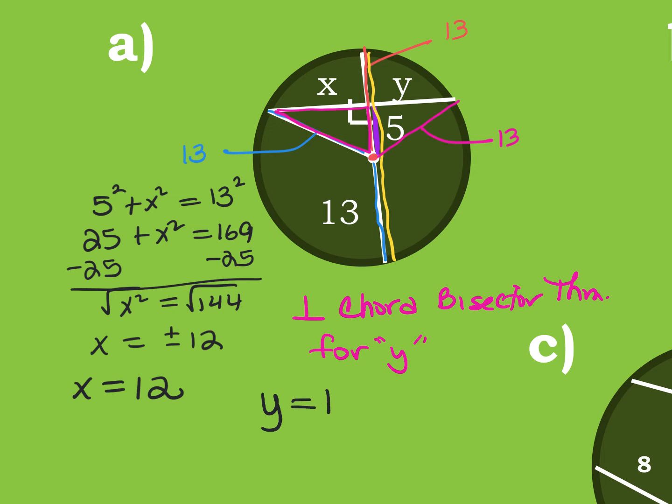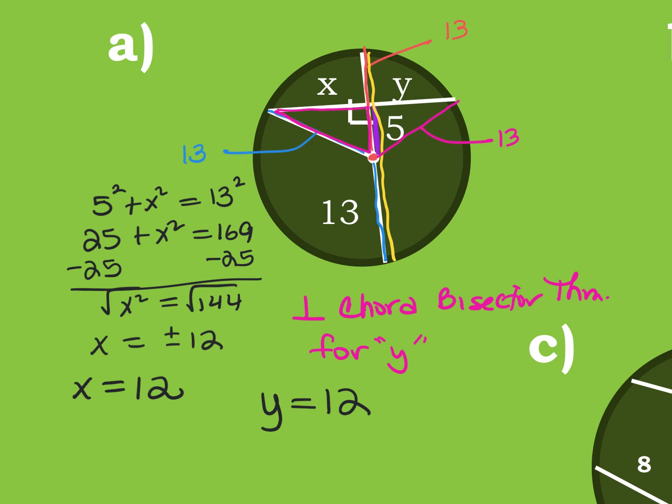Now again, you could have done Pythagorean theorem and you would have seen that you were doing the same thing. Instead, it would have been y squared plus 5 squared equals 13 squared. Either way here. But the faster way, as soon as you recognize that that diameter is perpendicular to the chord, you know that that chord has been bisected.